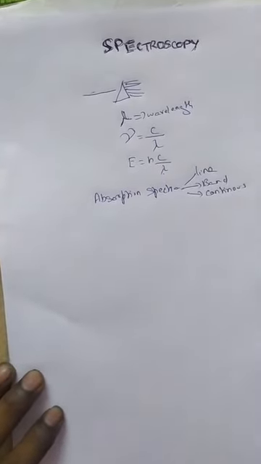Line absorption spectroscopy is when a substance absorbs at only one particular wavelength. When it absorbs a band of wavelengths, it is called band spectroscopy. When it absorbs continuously all the wavelengths, it is called continuous absorption spectroscopy.